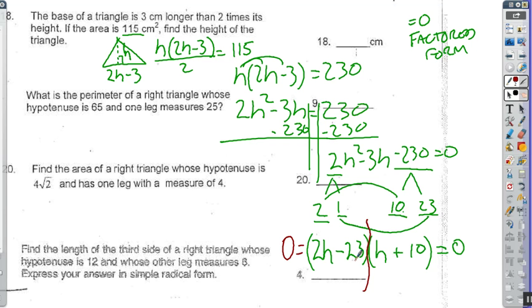Well, I'm looking here, and oh crap. The answer is 10, but we'll get there. I'm looking here, and so I see the answer is going to be 23 over 2, but that doesn't make sense.